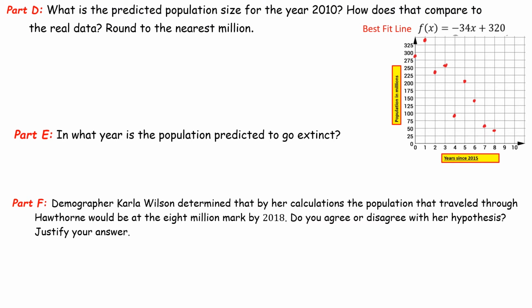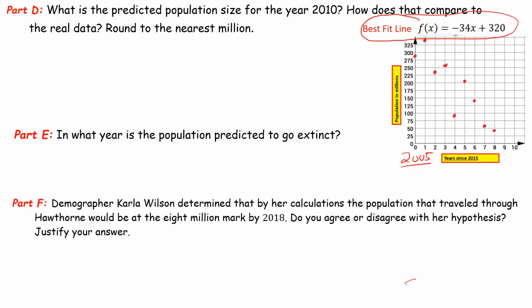So now we're analyzing this graph and this information a little bit more. For parts D, E, and F, I have the graph here that I plotted, and I have the line of best fit right here because we're going to use that to answer these questions. So part D, it says, what is the predicted population size for the year 2010? How does that compare to the real data, rounded to the nearest million? So if you recall, they started their research in 2005.